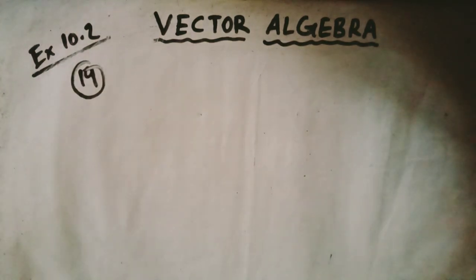Question number 19. If a and b are two collinear vectors, then which of the following are incorrect?